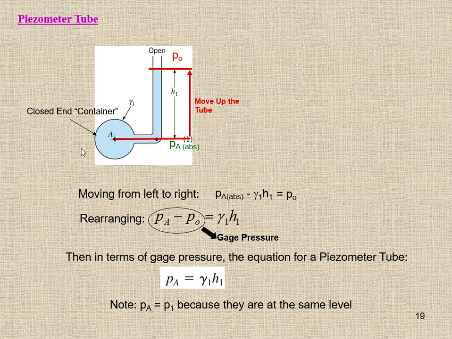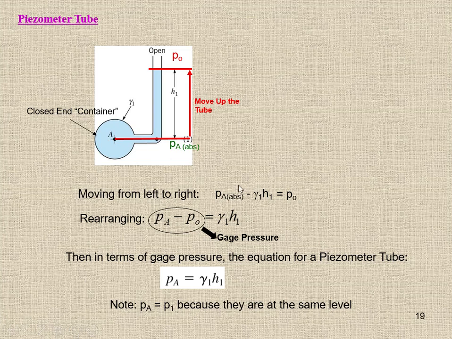Since this is our reference point, we move from left to right, from here to here. We consider there is a pressure at point A that we want to measure.